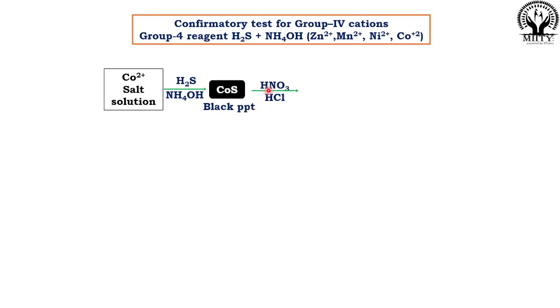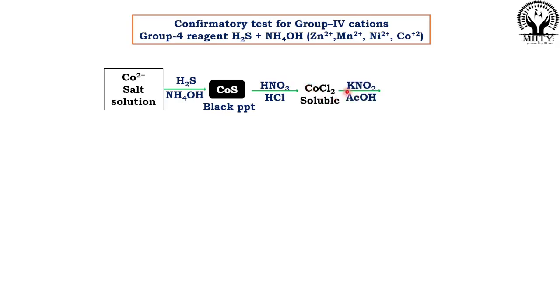In this case, sulfide S-2 will be oxidized to sulfur and NO3- will be reduced to NOCl, and Co+2 forms a soluble product with Cl-. So it is a cobalt chloride soluble salt solution.